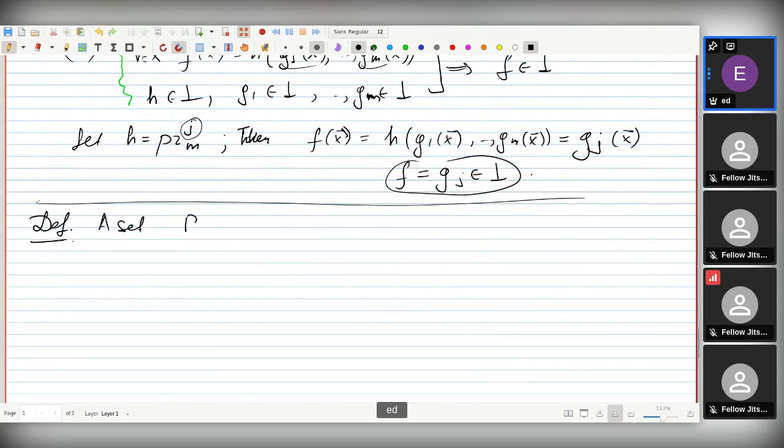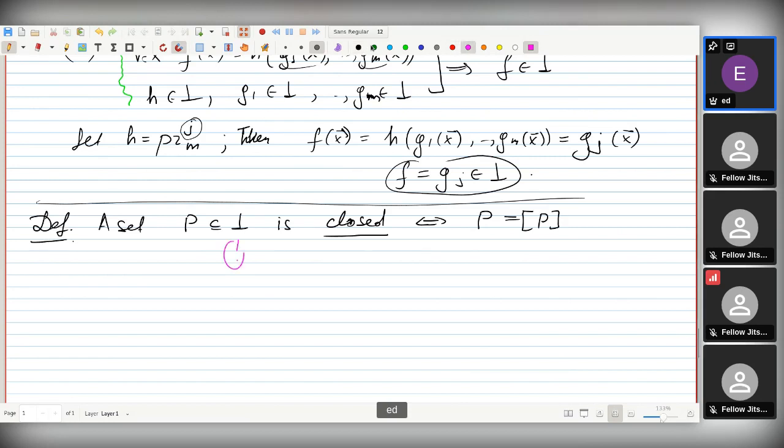A set of Boolean functions P is called closed if and only if it equals its closure. What does it mean?